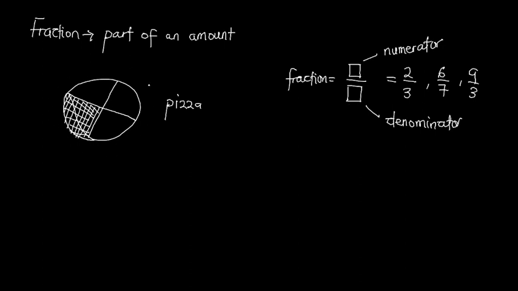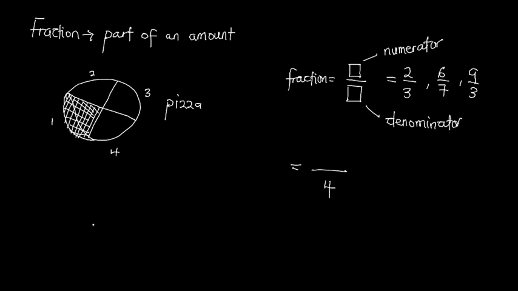If you take this pizza for instance, I have divided it into 1, 2, 3, 4 equal parts. So if I want to write the fraction of this, the denominator here by default is going to be 4.